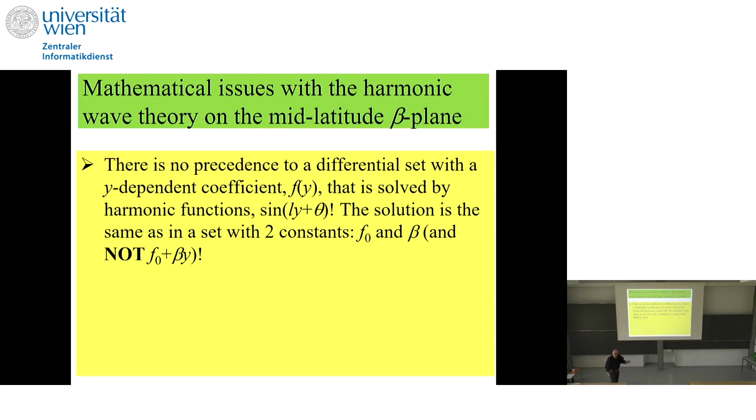Indeed, the solution behaves as though there is f0 and beta, but not f0 plus beta y. So somehow, again, we managed to come up with a theory that ignores the fact that you have a y-dependent coefficient, and therefore you cannot decompose it simply by sine and cosine eigenfunctions.